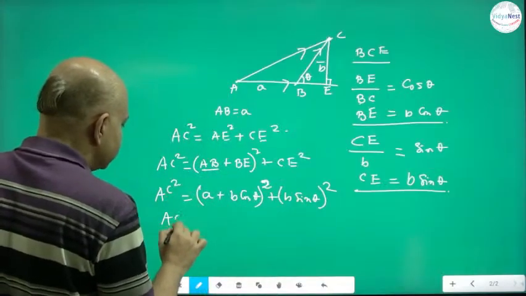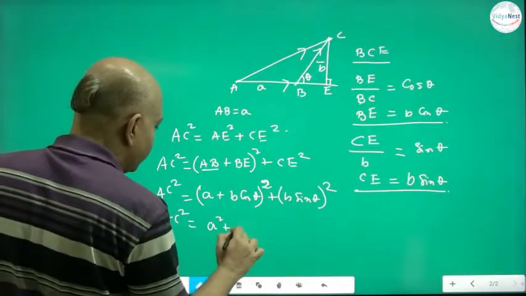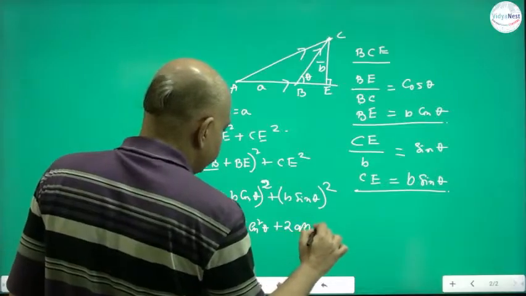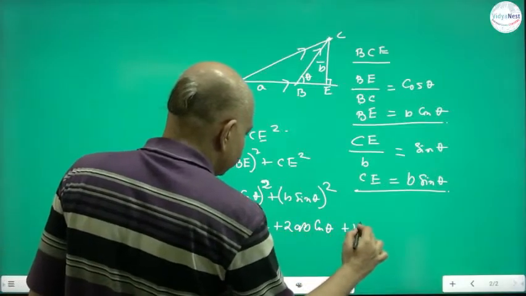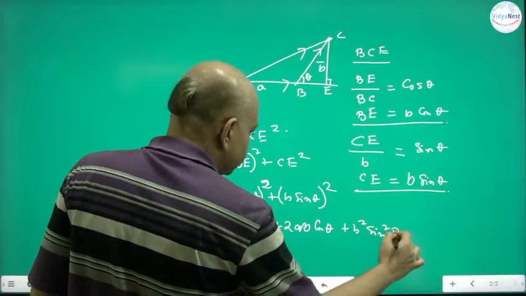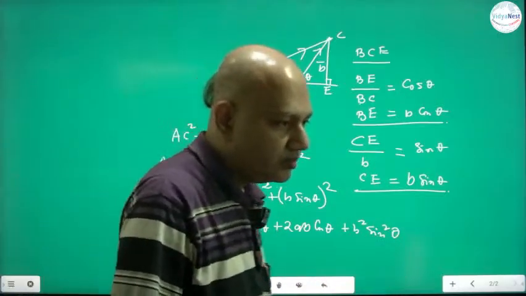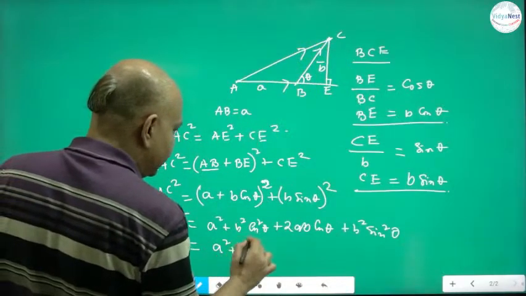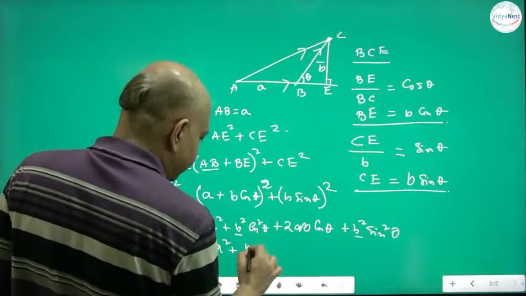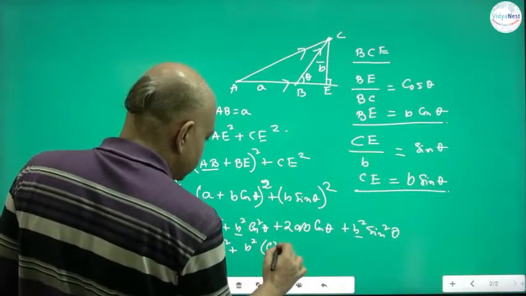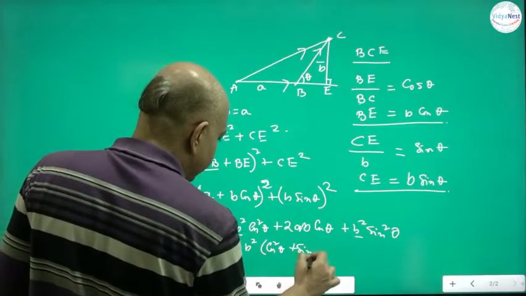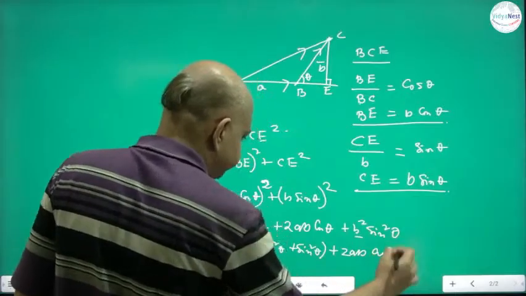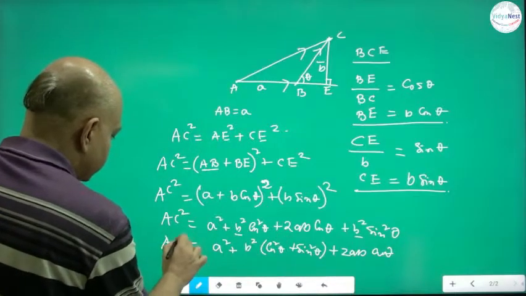Therefore, I can write AC square is equal to A square plus B square cos square theta plus 2AB cos theta plus B square sin square theta. So now I can take B square common. If I take B square, what is inside? Cos square theta plus sin square theta, plus 2AB cos theta. That is equal to AC square, isn't it?